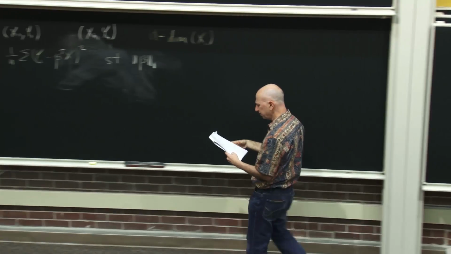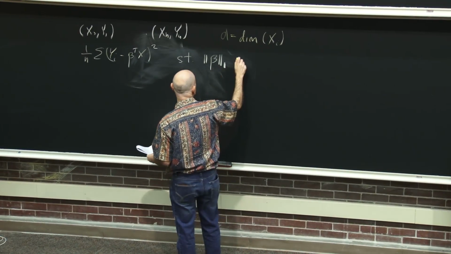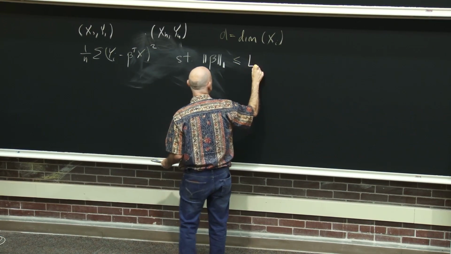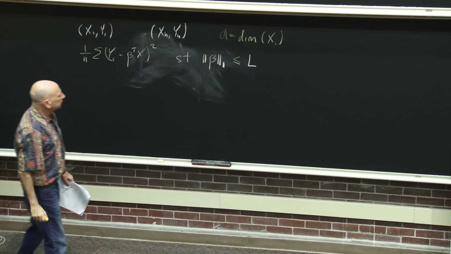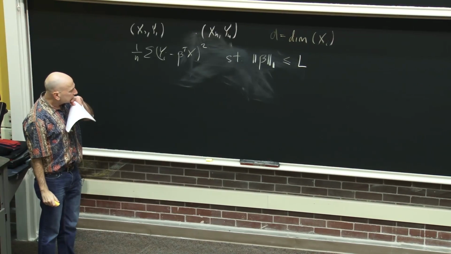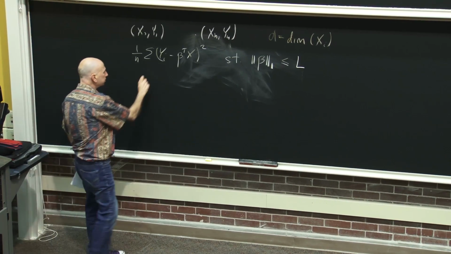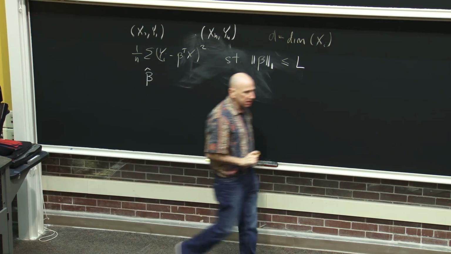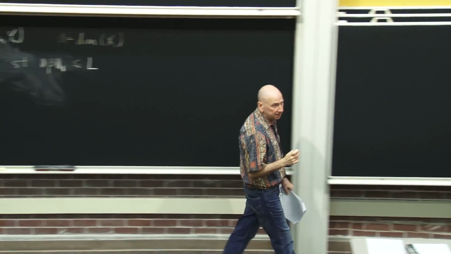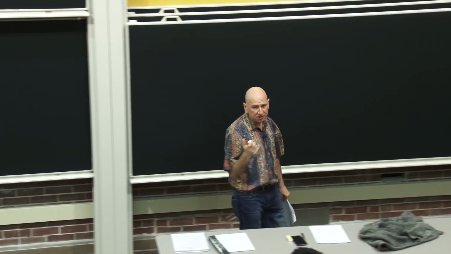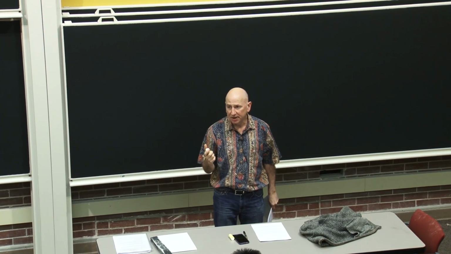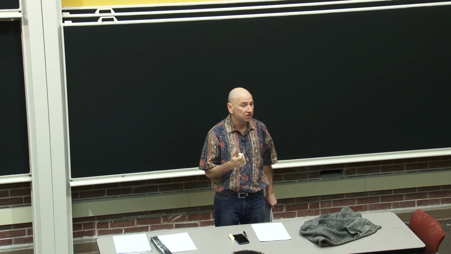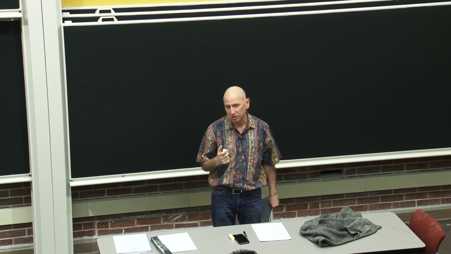Let me make sure I use the same. I'll call it L. And one of the last points we mentioned is that the resulting beta hat has some theoretical properties. I mentioned sparsistency, that the non-zero elements of beta hat with probability tending to 1 match the non-zero elements of the true beta, but that was only under very strong conditions.